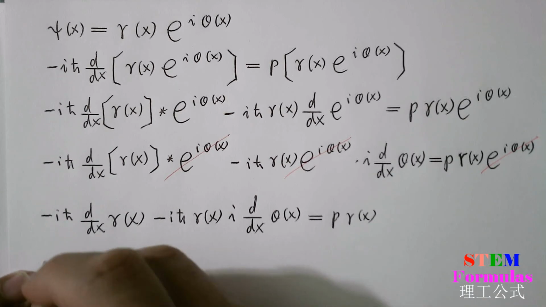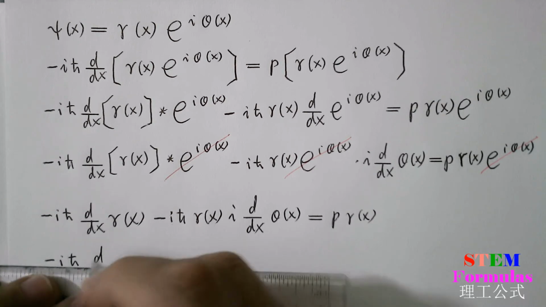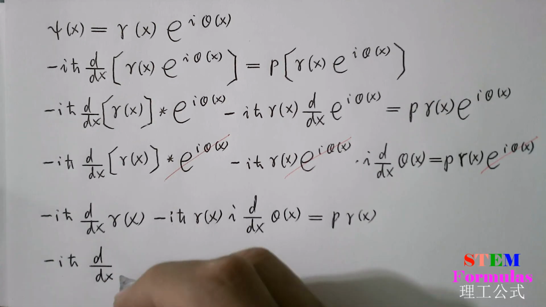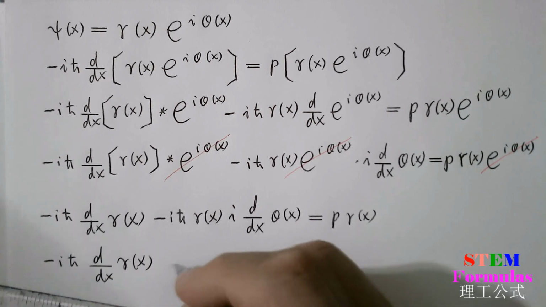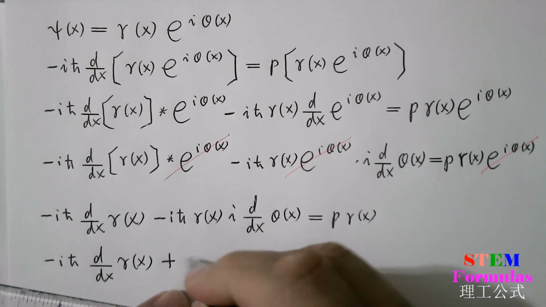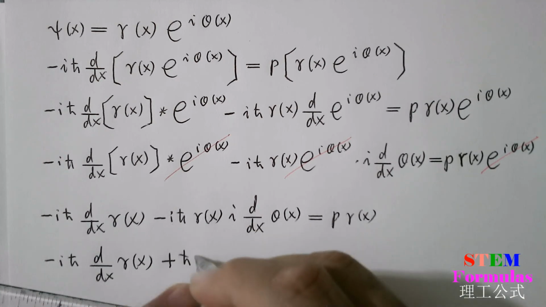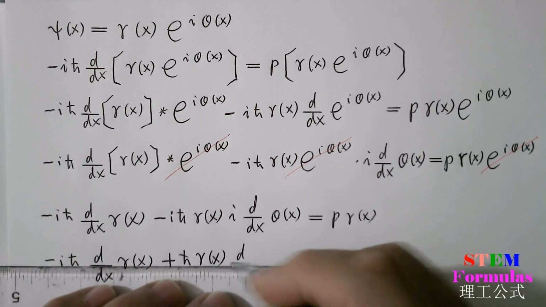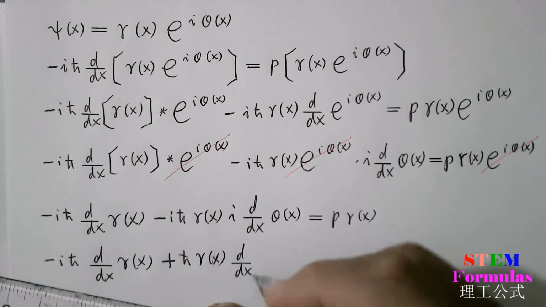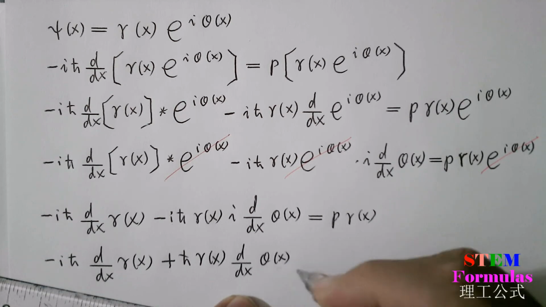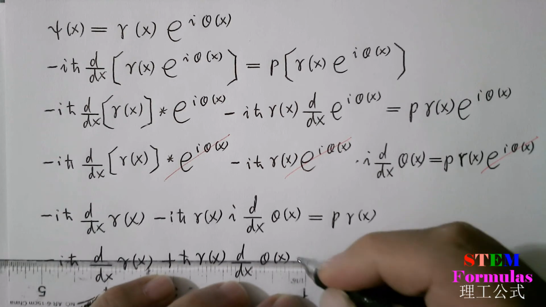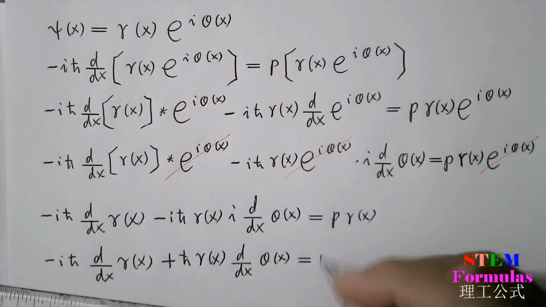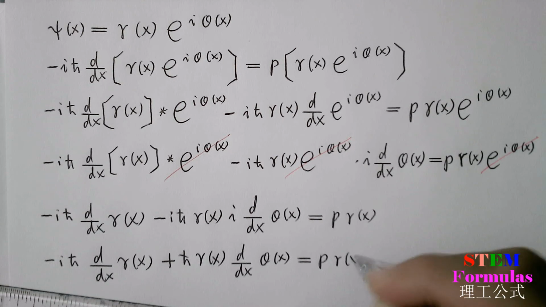So on the left side, I write down minus i h bar d/dx r of x plus h bar r of x d/dx theta of x equal to p r of x.